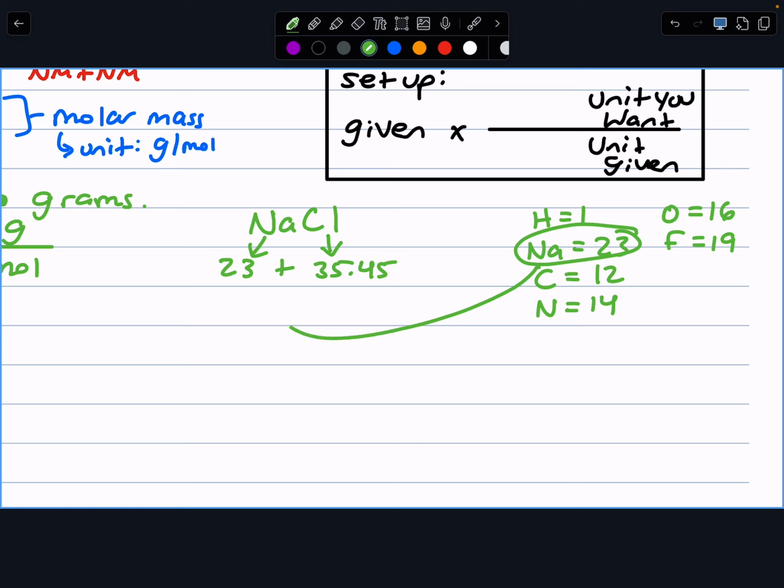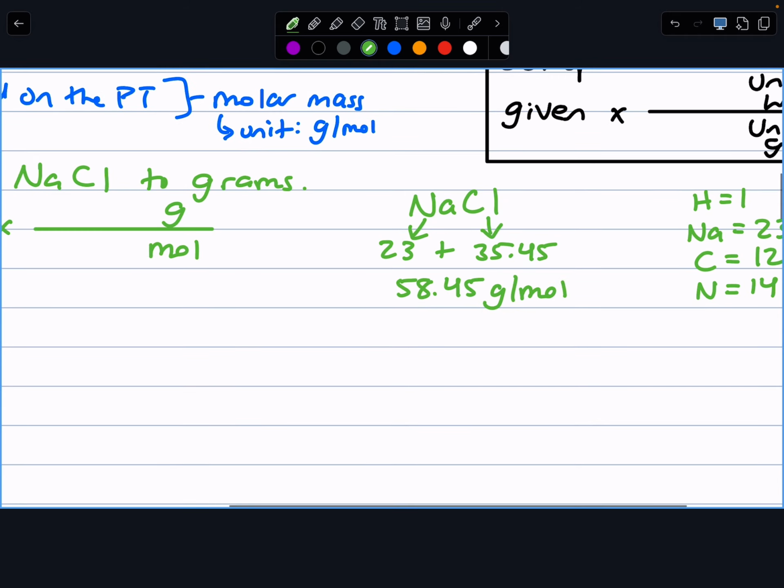So I took sodium is 23. What is 23 plus 35.45? 58.45. Thank you. Grams per mole, because this is molar mass, yes? Again, grams per mole. That's written right here.